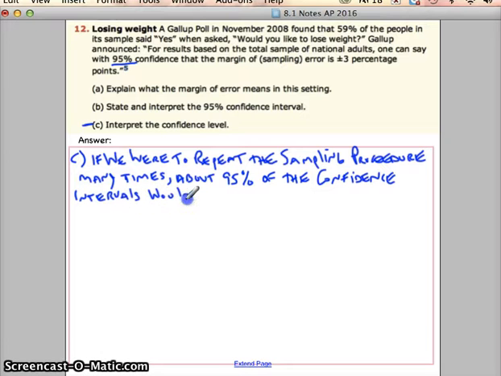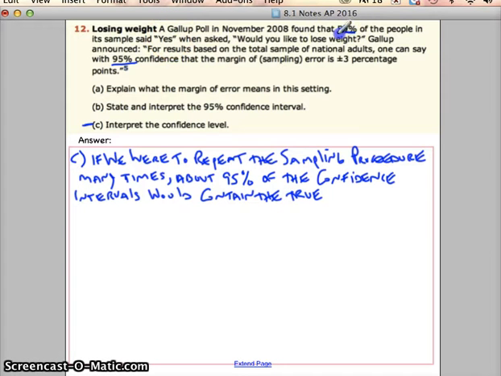would contain the true, and then you have to decide, is this a mean or a proportion problem? It's talking about answering yes to the question, would you like to lose weight? The answer yes is not a number, so we wouldn't be interested in the mean.